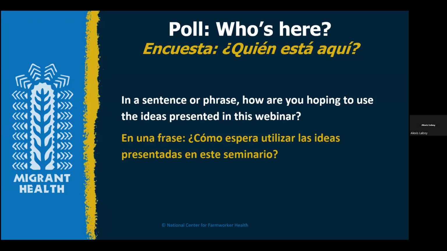Susan shared with us that she wants to learn tips and resources to share with our partners across the state of North Carolina. She works on providing language access support at the University of North Carolina in Chapel Hill. Jose shared that he will use the information to improve and better support members of the Indigenous community in the central coast of California.